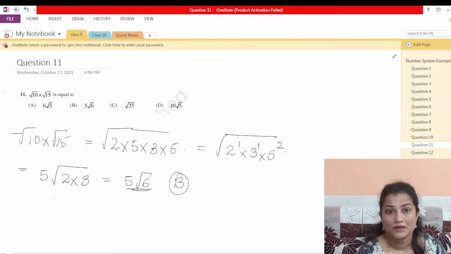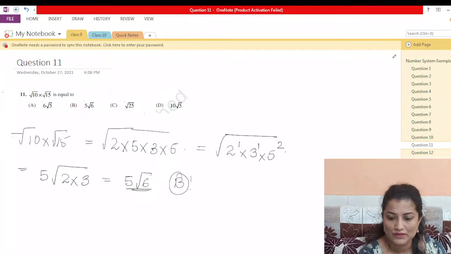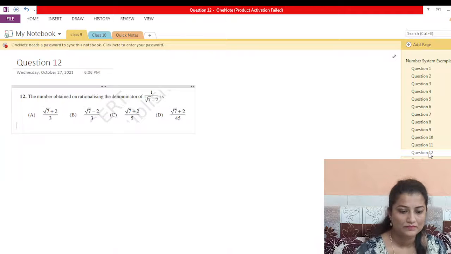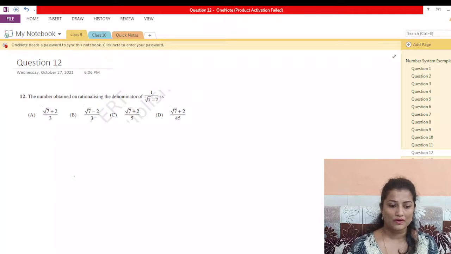Right? Now next question. 12th question is the number obtained on rationalizing the denominator of. Now we will talk about rationalizing. What is rationalizing? In the denominator, we don't generally keep the roots.